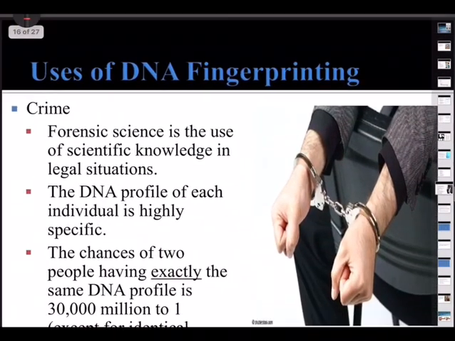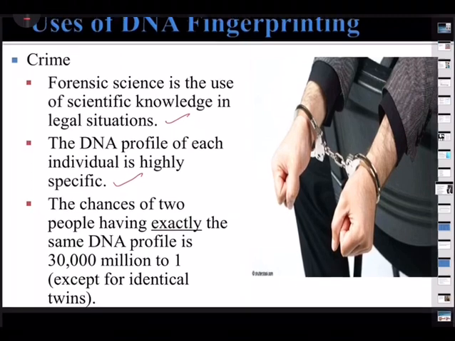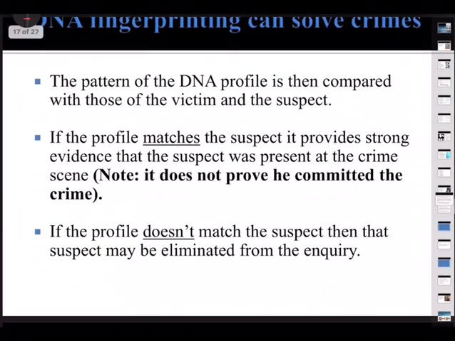And then in the crime scene, forensic science is the use of scientific knowledge in a legal situation. The DNA profile of each individual is highly specific. The chance of two people having exactly the same DNA profile is very rare, 30,000 million to 1, except of course for identical twins. We can identify the culprits, and then the pattern of DNA profile is compared with those of the victim and the suspect.